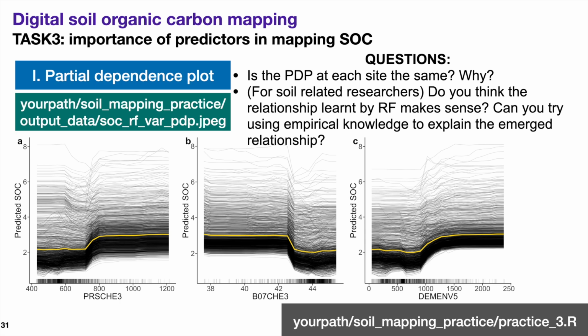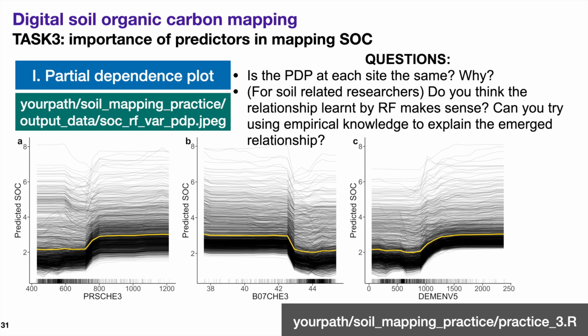The second figure from task 3 shows the partial dependence plot of the first three most important variables measured by the permutation importance in your random forest. The black lines indicate the individual conditional expectation, and the light yellow lines indicate the global partial dependence plot. You may notice that the individual lines are different from each other.